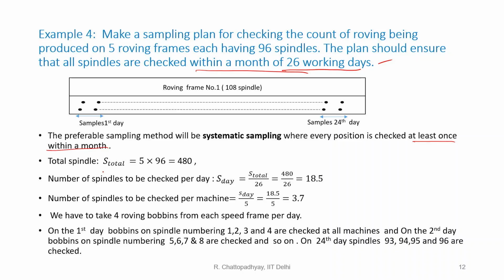So what is the total number of spindles? Each roving frame machine has 96 spindles. So in total I have 5 into 96, therefore 480 spindles.